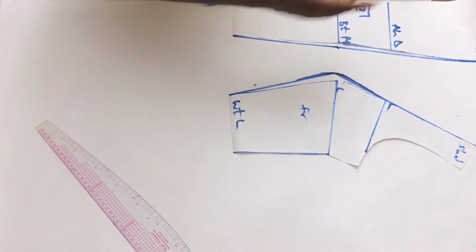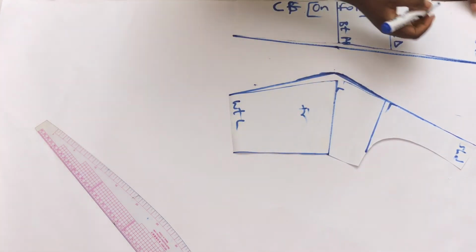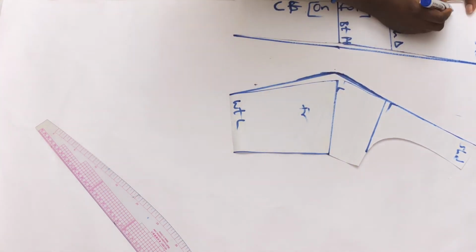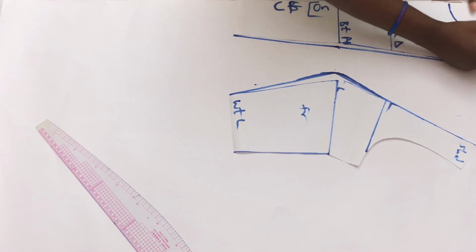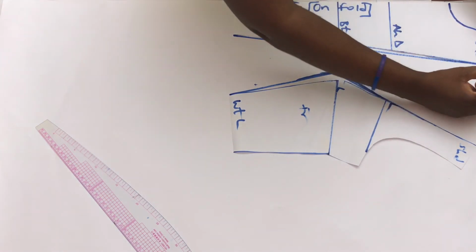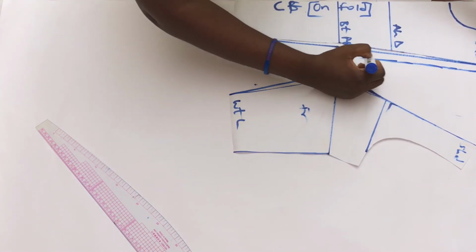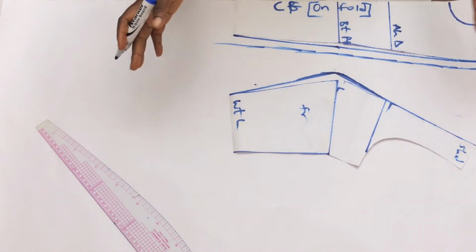Before I cut it out, I'm going to add all my seam allowances. I'm going to just use my hand to draw it. Please, to make it fast, kindly measure out your own seam allowances and use your tools to draw them out. I'm doing this because it's just to show you. It's not a real pattern.